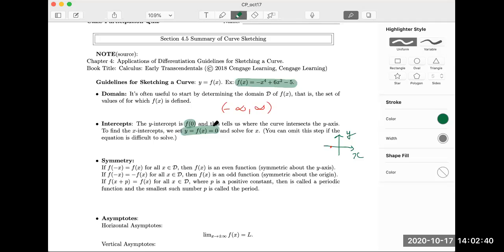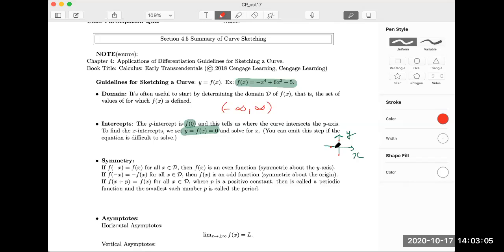The y-intercept is easier. The y-intercept is the point where the function cuts the y-axis. At this point, you see that, what is the value of the x-coordinate of the y-intercept? 0. Very good.